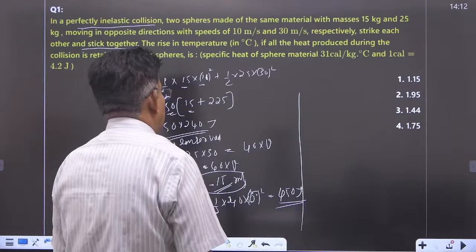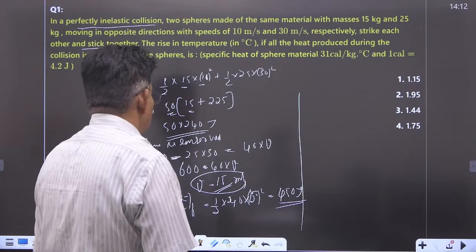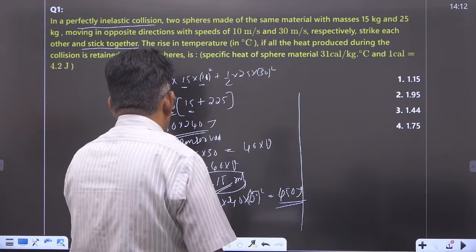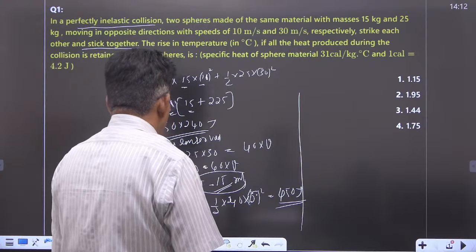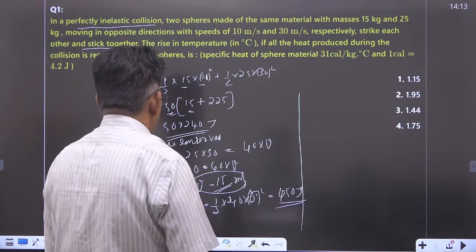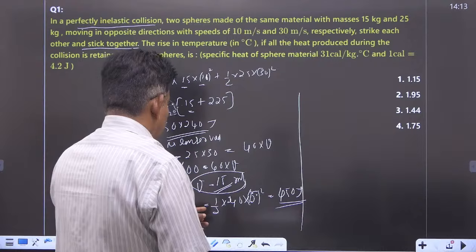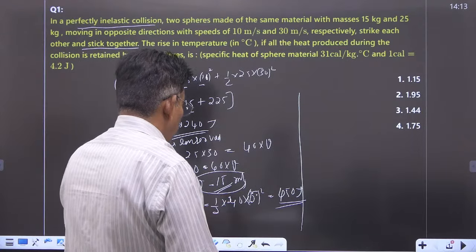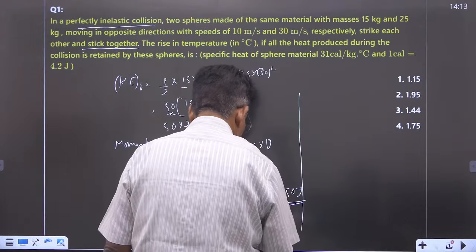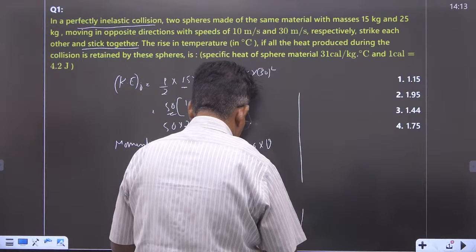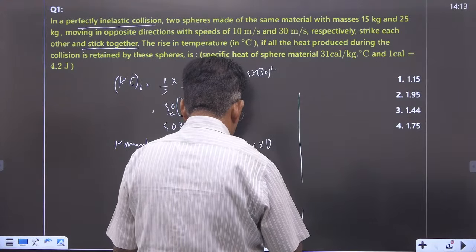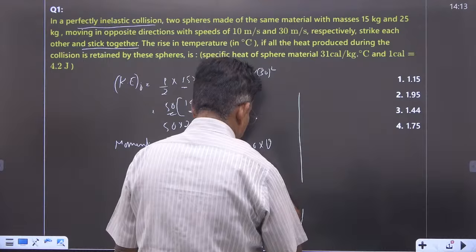Now, the initial is coming to be 50 into 240. Isn't this 450? So it will be 12,000. Is there any difference? 50 into 240, this is the initial kinetic energy. Final kinetic energy is half into 40 into 15 square, which is 4,500. 4,500 surely. 15 square is 225, 225 into 20 is 4,500.